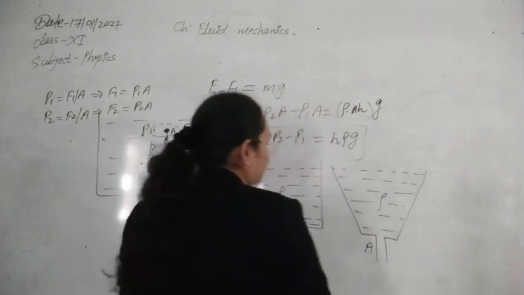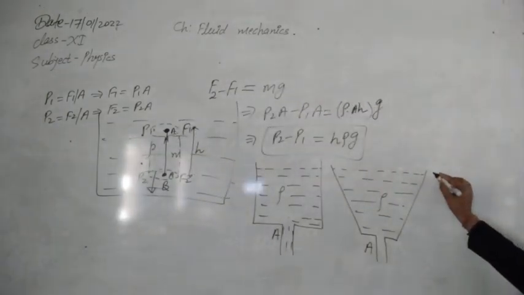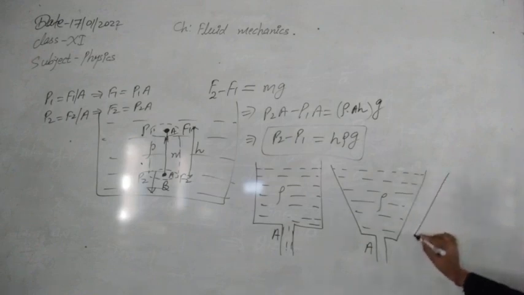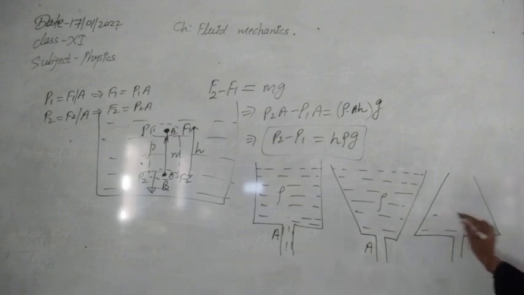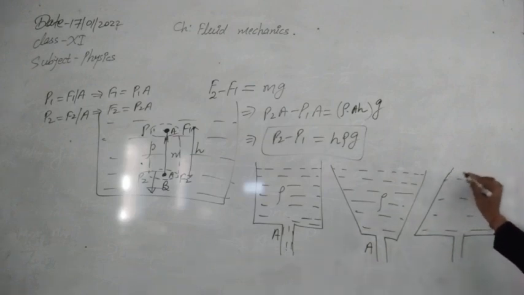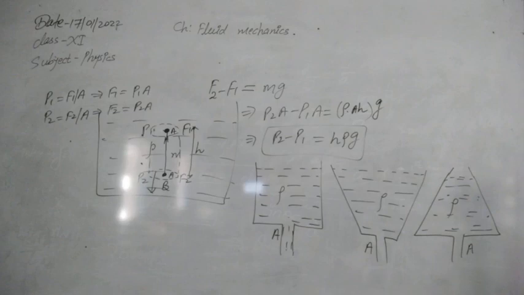This is rho here. Similarly, one more shape, let us consider this shape. Here also up to the same height the liquid is filled, rho is filled, and this is the area.